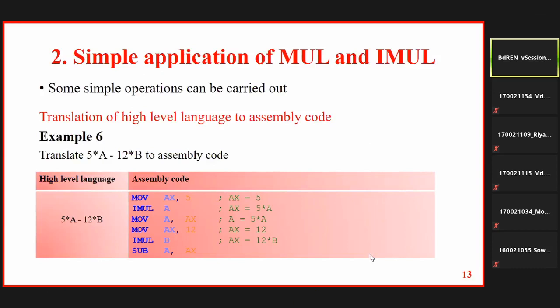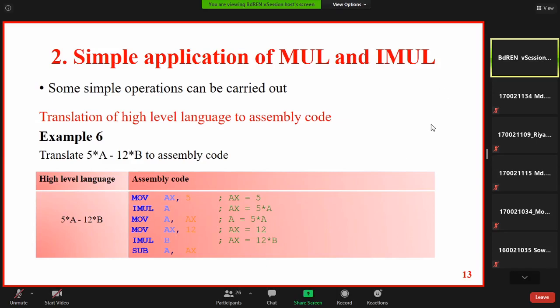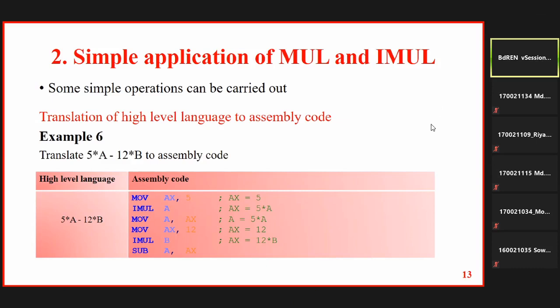Then we have a simple application of multiplication and integer multiplication. One translation of high level language to assembly code has been shown here, just to show you how it can be used. If we want to represent 5a plus 12b minus 12b, we can use this sequence of codes.